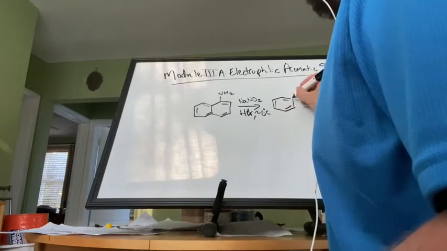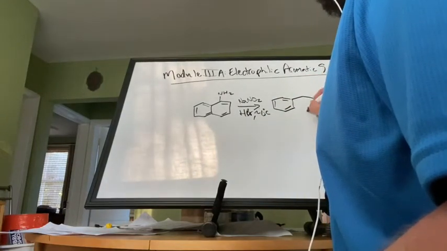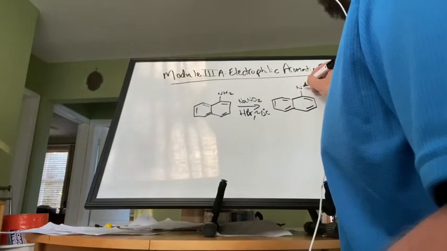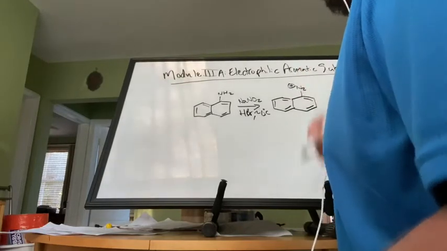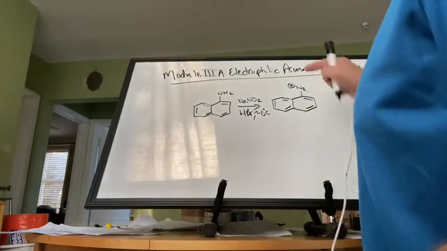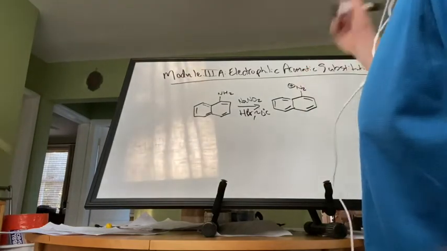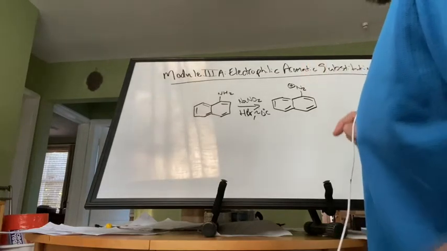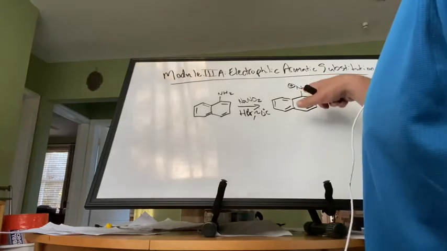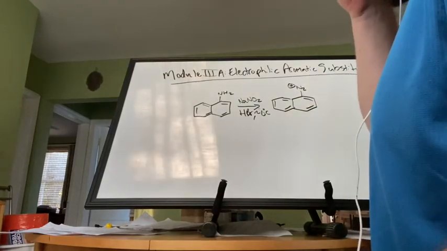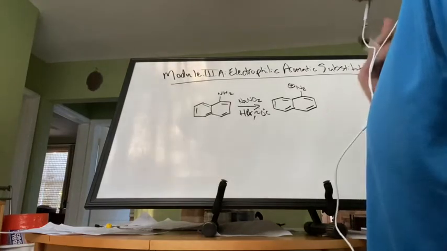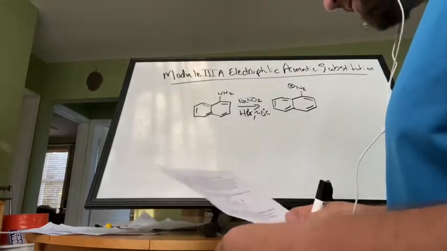It's a pretty reactive intermediate. Okay, so N2 plus. So it's just going to be a linear compound right here, or a linear moiety, whatever you want to call it. Okay, so this is actually going to be a very good leaving group because it'll form N2 gas, which is irreversible and just goes out into the atmosphere where it's most abundant anyway, right?